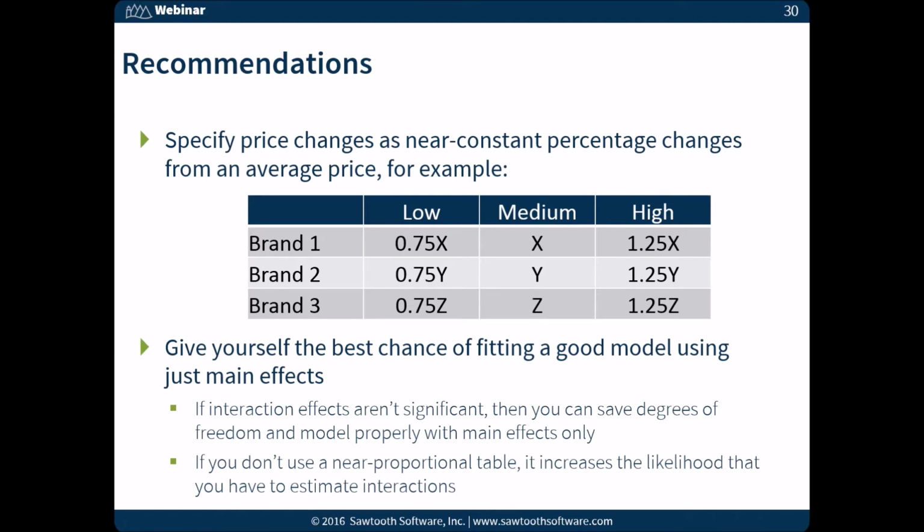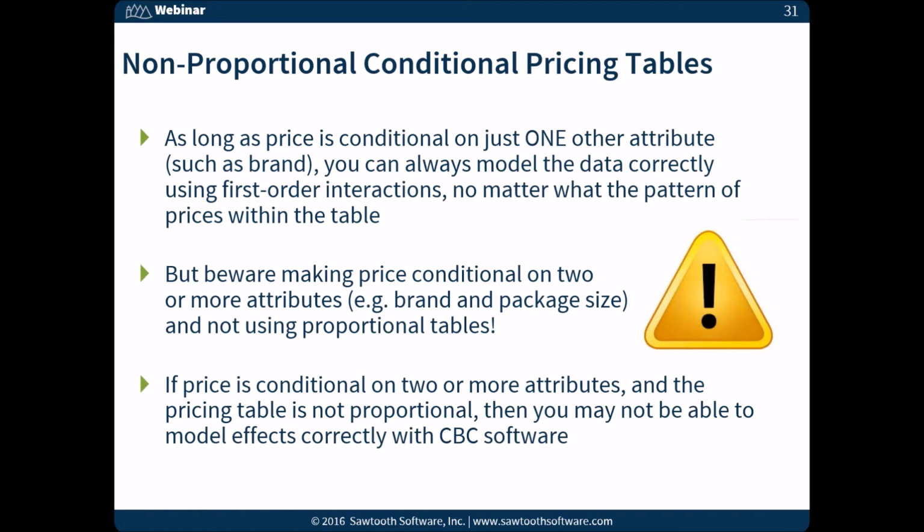Again, it just gives us a better chance at fitting our model well. We would always check for interactions, but when they're not significant, we can save those degrees of freedom and model just as well with the main effects by using this proportional approach. If we don't use a proportional approach, it increases the likelihood that we're going to have to estimate interactions.